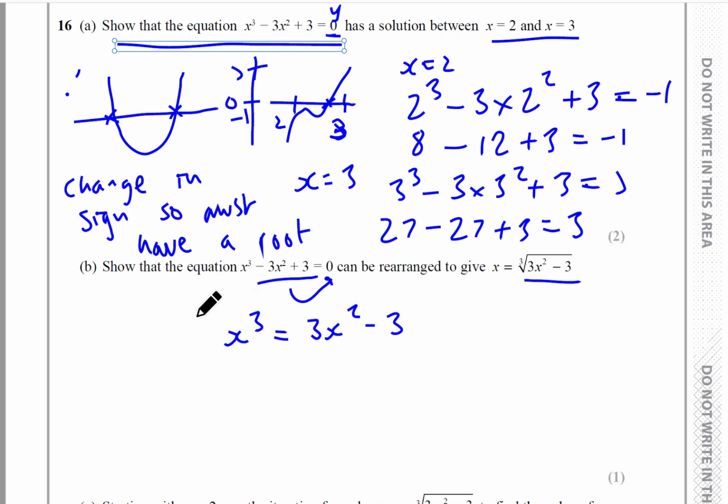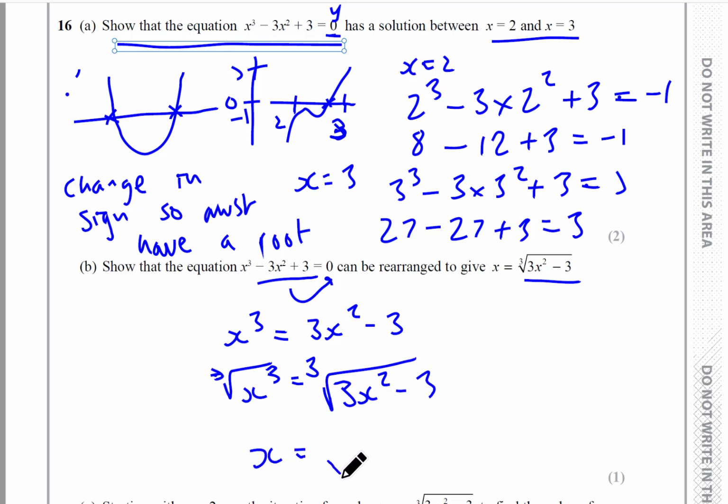That matches, and the opposite of cubing is the cube root. And that leaves us with this. And that's a nice easy 1 mark.